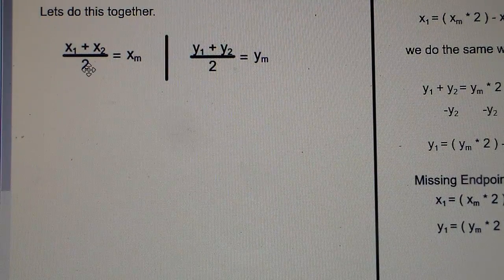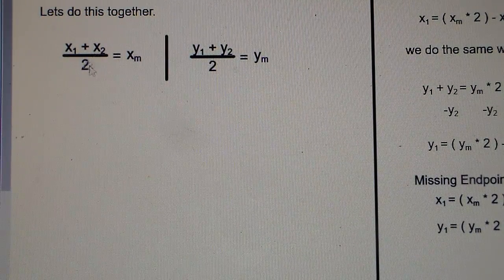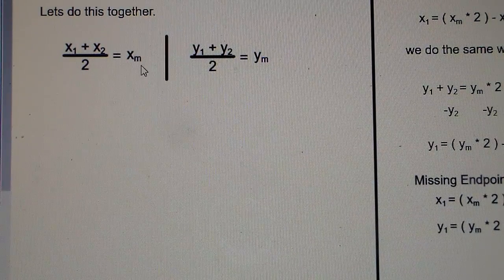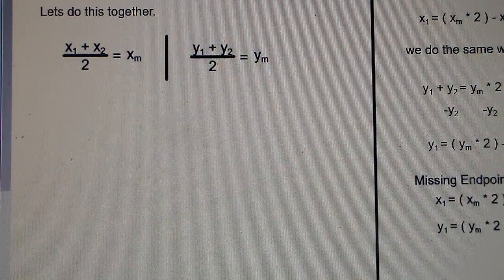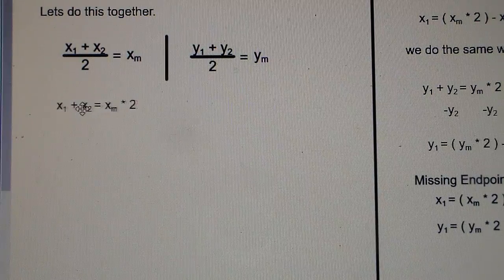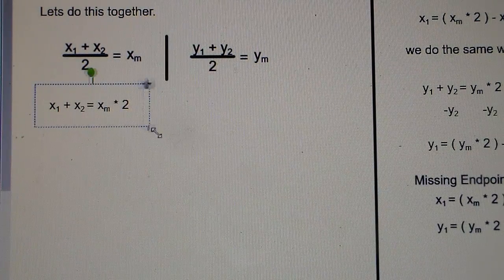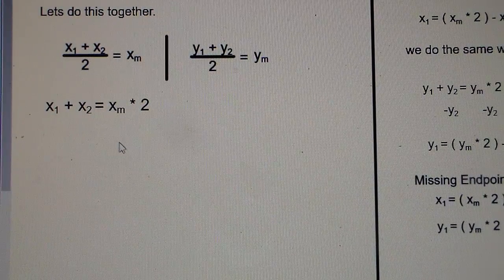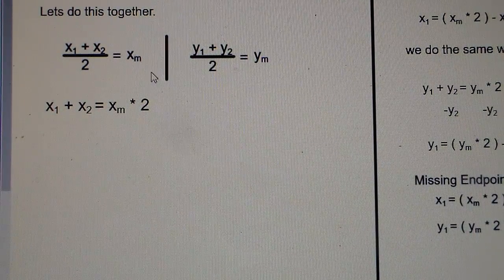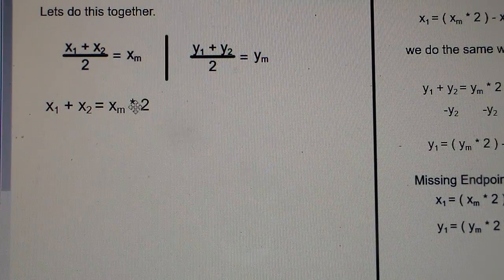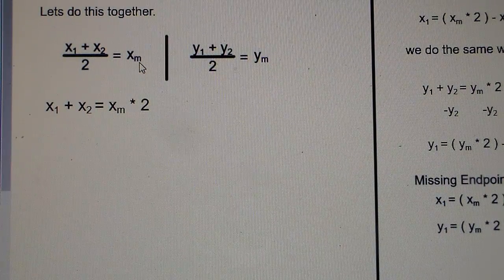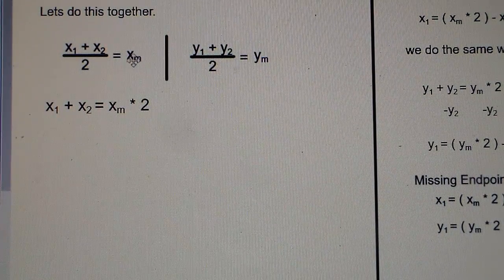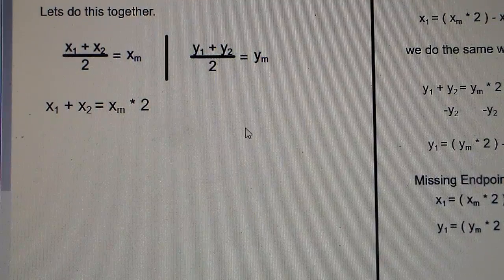Our goal is to get the x1 by itself. So the first thing we're always going to do is multiply by 2 to both sides. When we multiply the left side by 2, the divide by 2 and the times 2 cancel out. So that's why we don't write it. And then xm times 2. So the midpoint value of the x is going to be multiplied by 2.